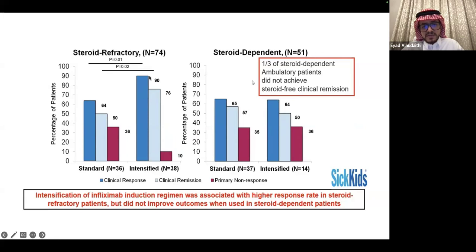In the intensified patients, the clinical response can reach up to 90, while in steroid dependent, intensification of the dose didn't really make a difference in the response. So usually with steroid refractory acute severe ulcerative colitis, we will go for the intensified induction.